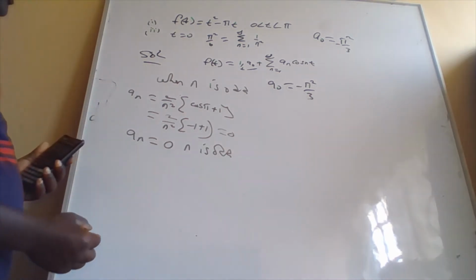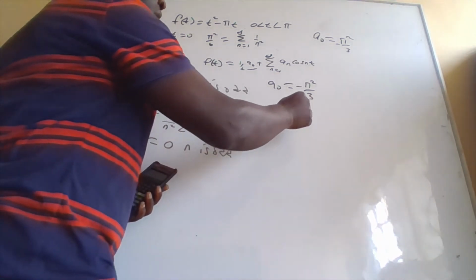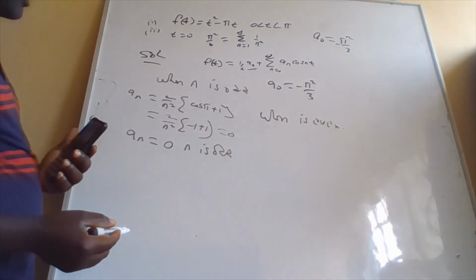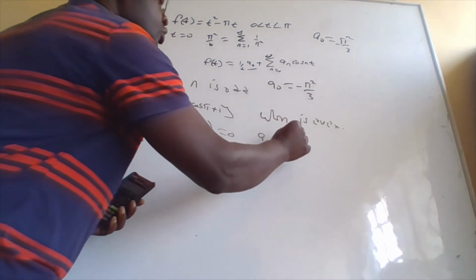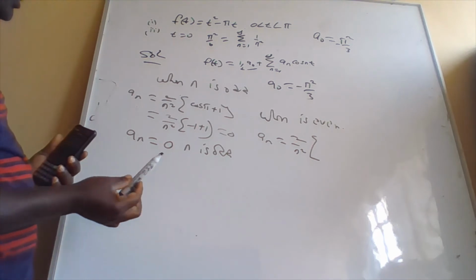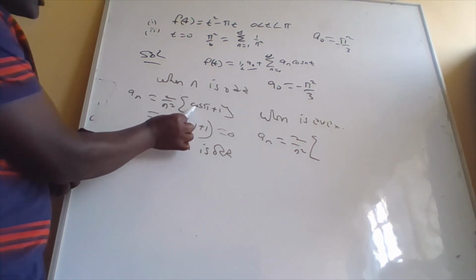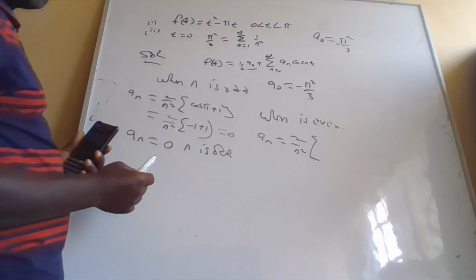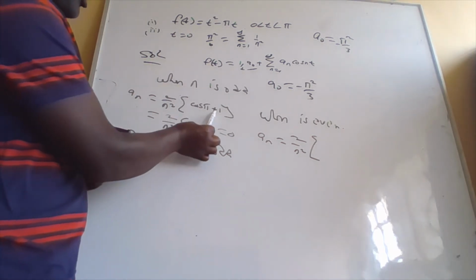And then we can consider when n is even, our an will be equal to 2 over n squared into, we use number 2. So you take 2 times pi, so we are getting cos 360. Cos 360 is what? It is 1. So 1 plus 1 is 2.